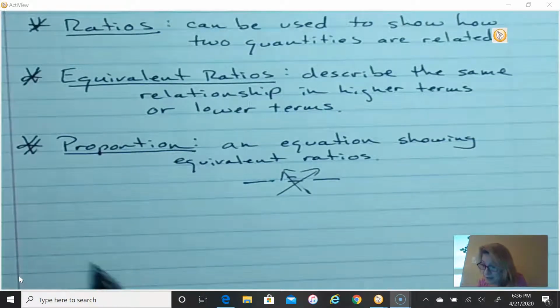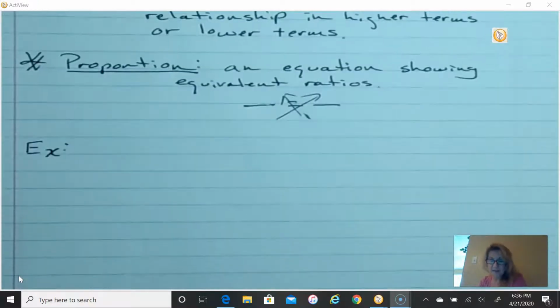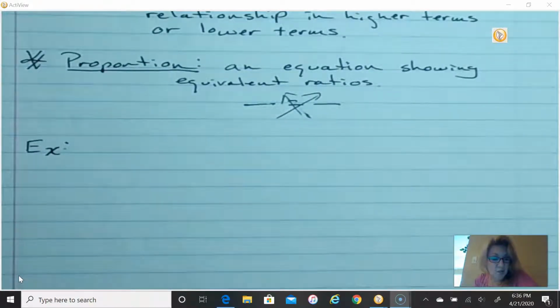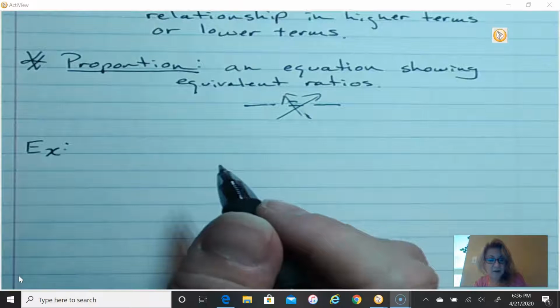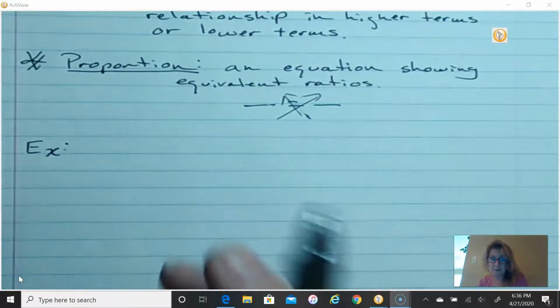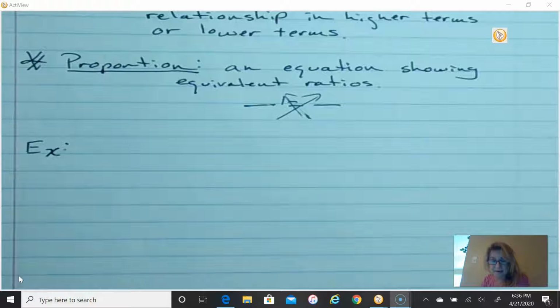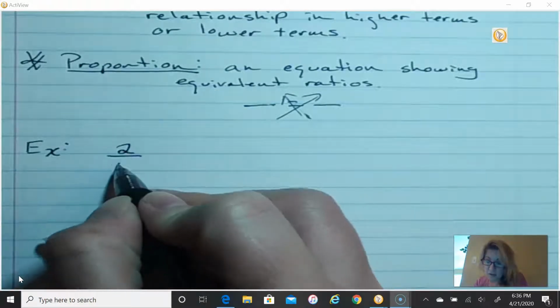All right, let's just jump in and start doing some stuff. All right, examples. Let's say it says, write an equivalent ratio in higher terms. Okay, this is the first part of your book, but I'm getting my examples from something else. Let's say it's 2/5.